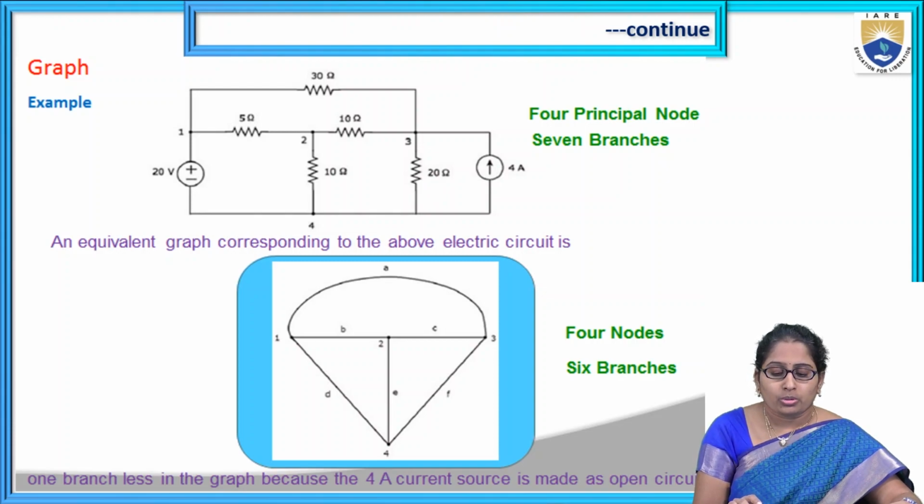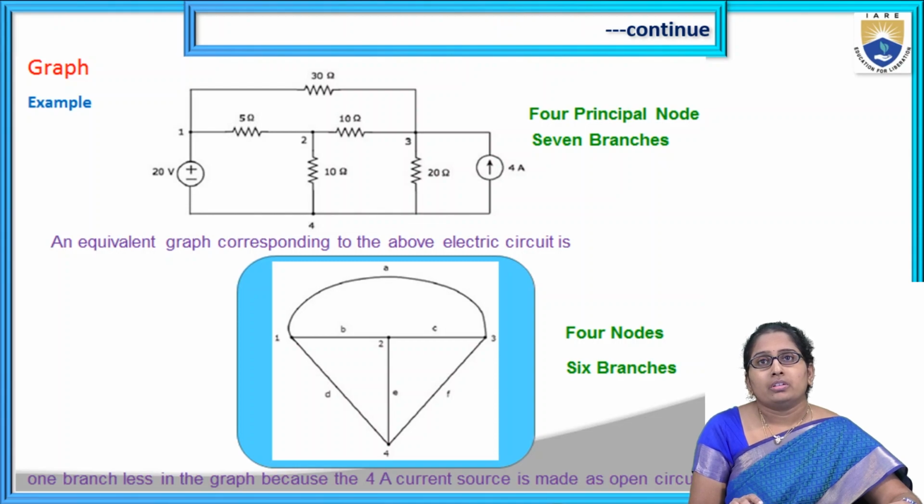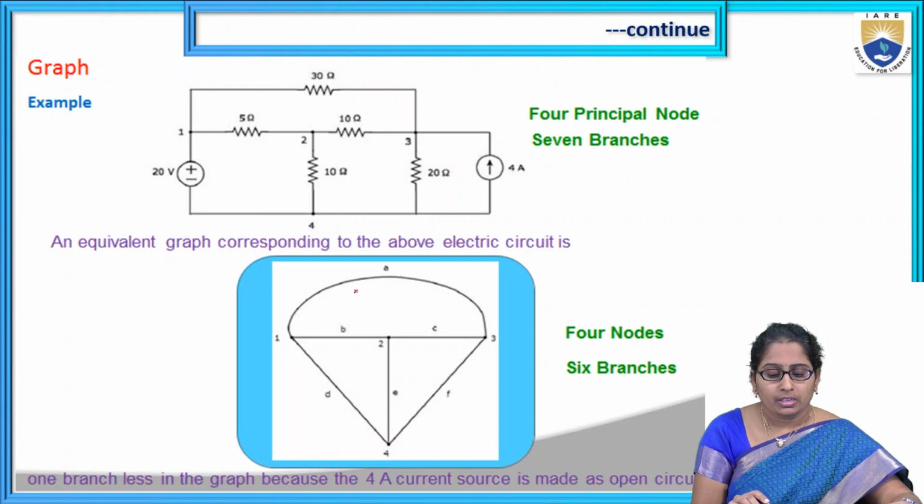We know that a graph basically consists of nodes and branches. To draw its equivalent graph, we need to identify the nodes present in the actual circuit and take the same number of nodes in the graph also.